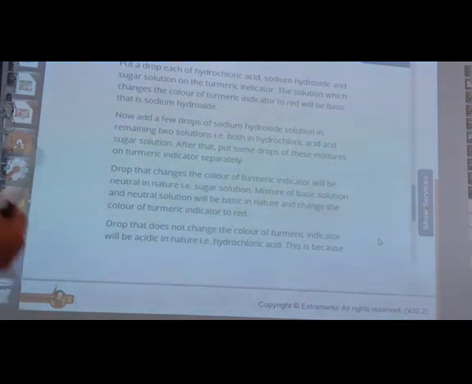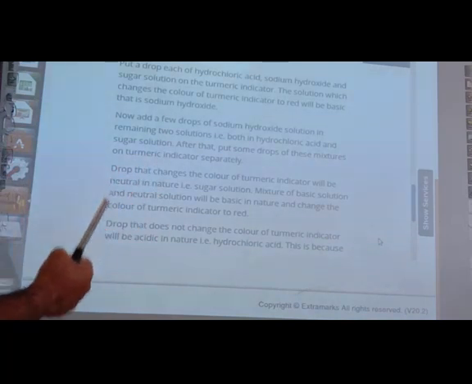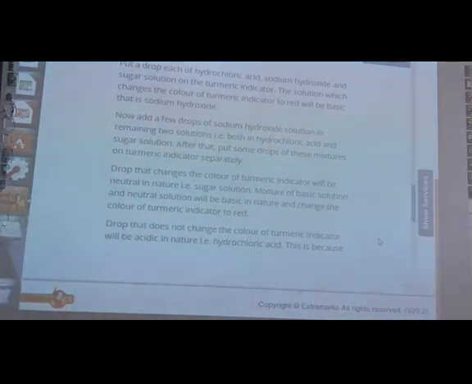Now add a few drops of sodium hydroxide solution in the remaining two solutions, both hydrochloric acid and sugar solution. After that, put some drops of these mixtures on turmeric indicator separately.